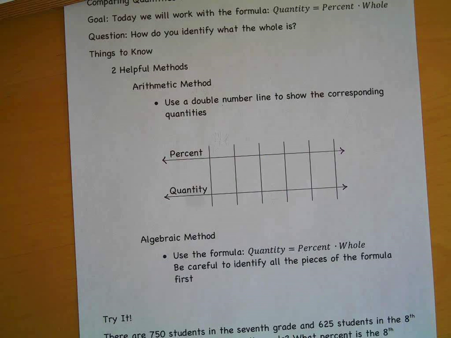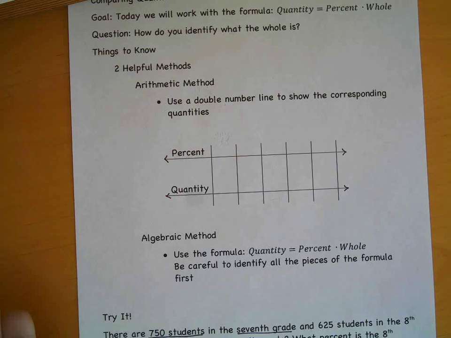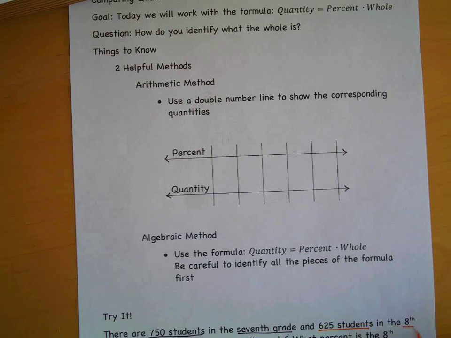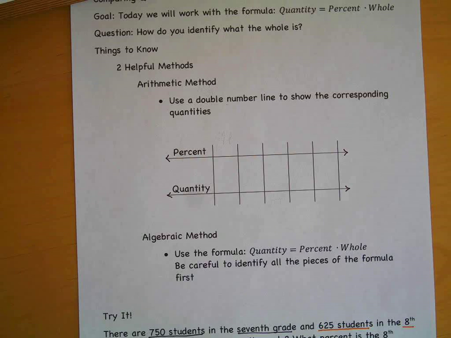So for me, what I'm looking at is 750 students represents 7th grade, and 625 students represents 8th grade, and then it asks what the percent of 7th grade is and what the percent of 8th grade is.